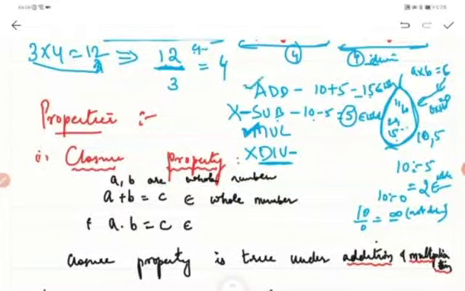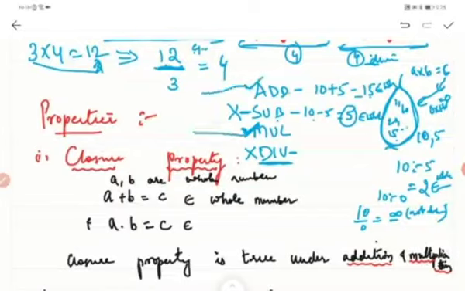So closure property is true under addition and multiplication. Whenever you add or multiply any whole numbers with each other, you will get a whole number as output.